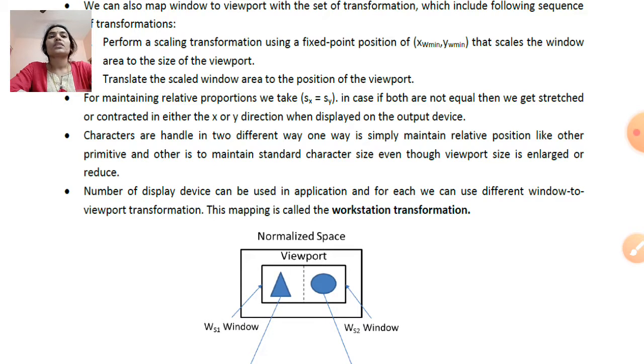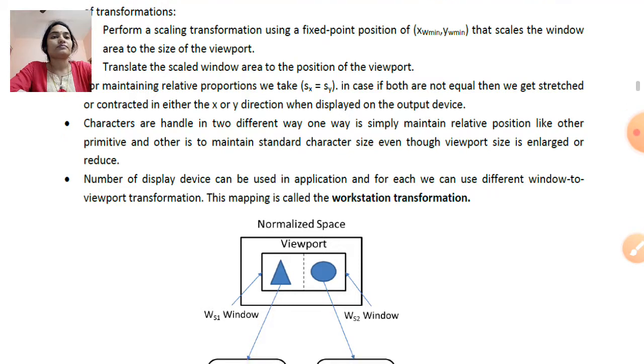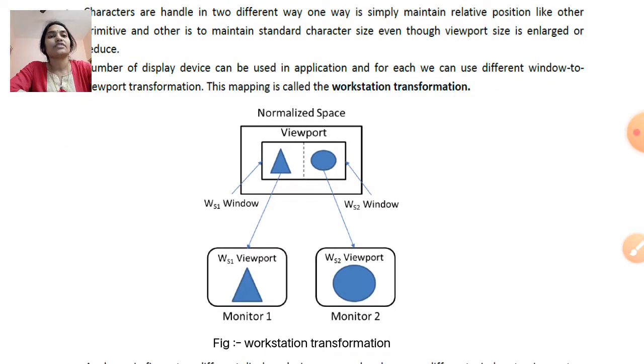A number of display devices can be used in an application, and for each we can use a different window to viewport transformation. This mapping is called workstation transformation. In this example, this is your normalized space, with window S1 and window S2.